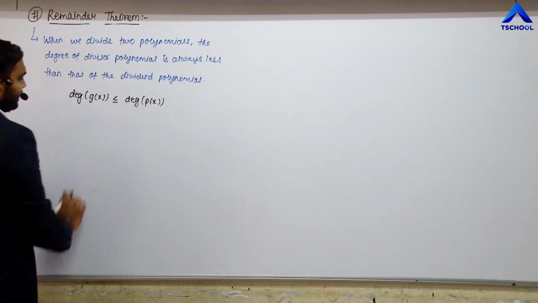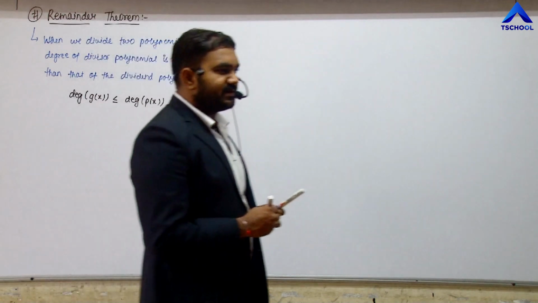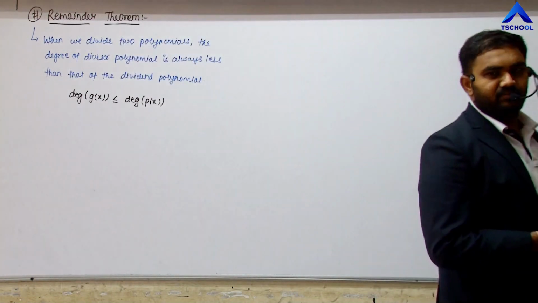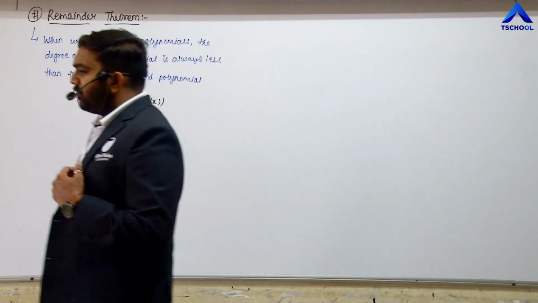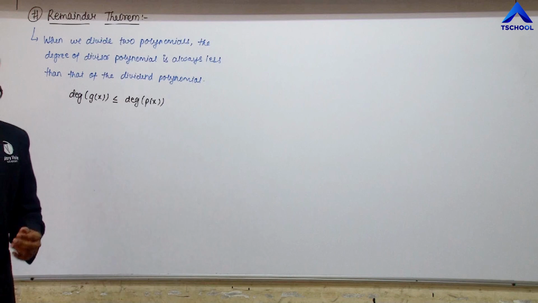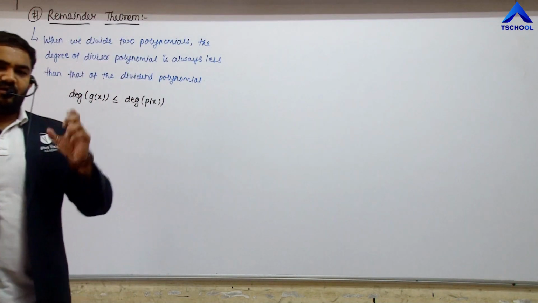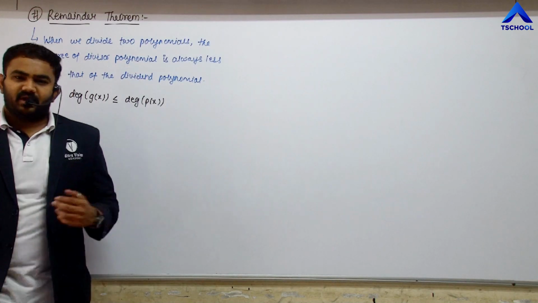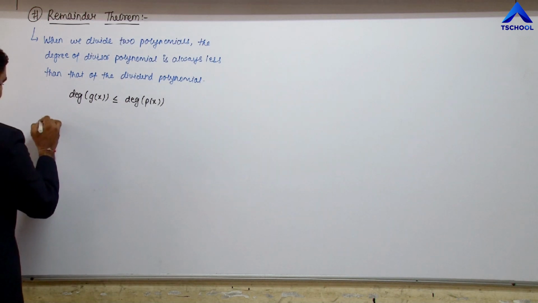You can also say that less than or equals to, because if the degree of the divisor polynomial is greater than the degree of the dividend polynomial, then that division is actually not possible, because in case of division of polynomials you cannot divide a smaller polynomial by a bigger polynomial, right? So it goes like degree of g of x is always less than or equals to degree of p of x.